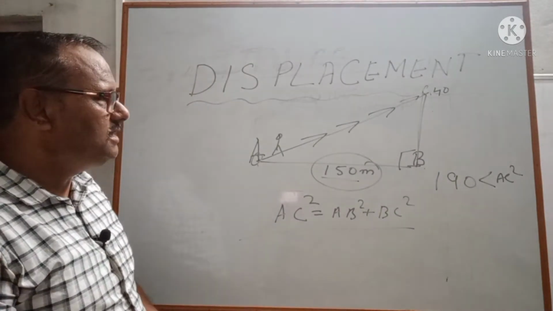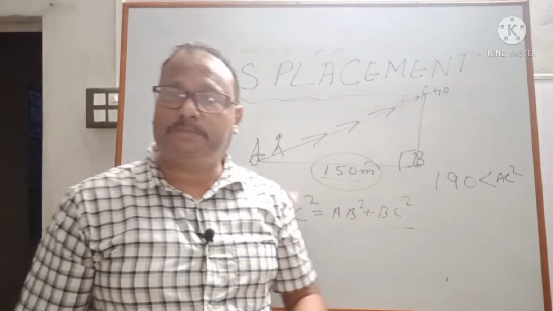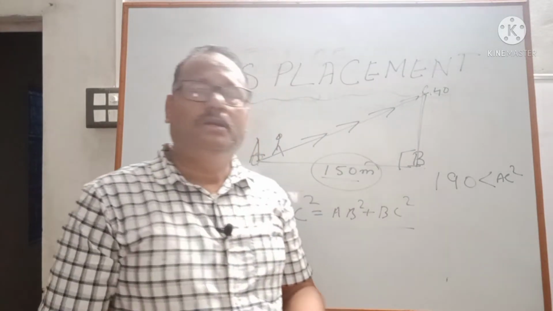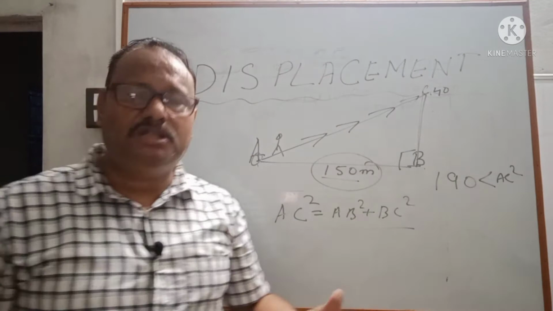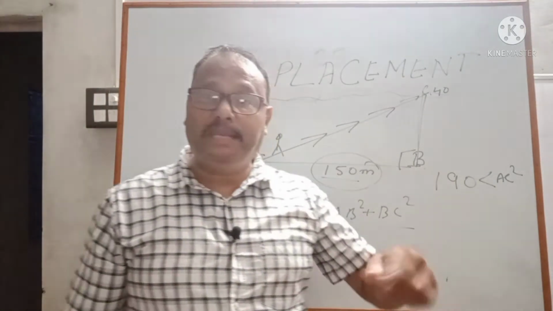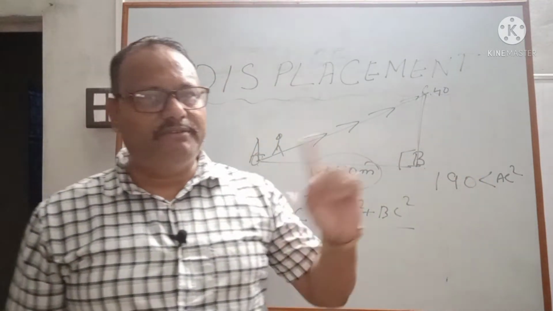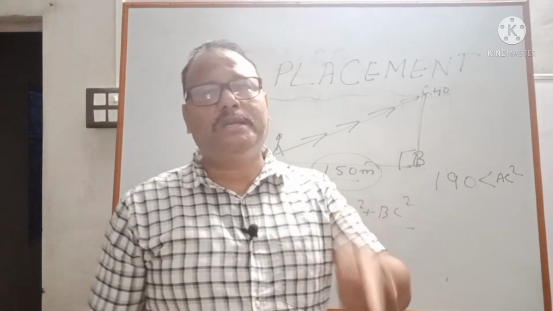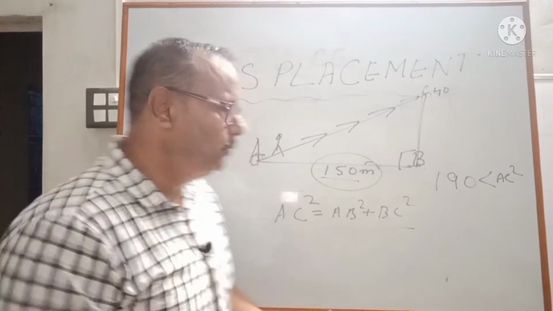Now displacement can be positive, displacement can be negative. In case of distance, it can never be negative, but displacement can be negative also, positive also, as well as displacement can be zero.